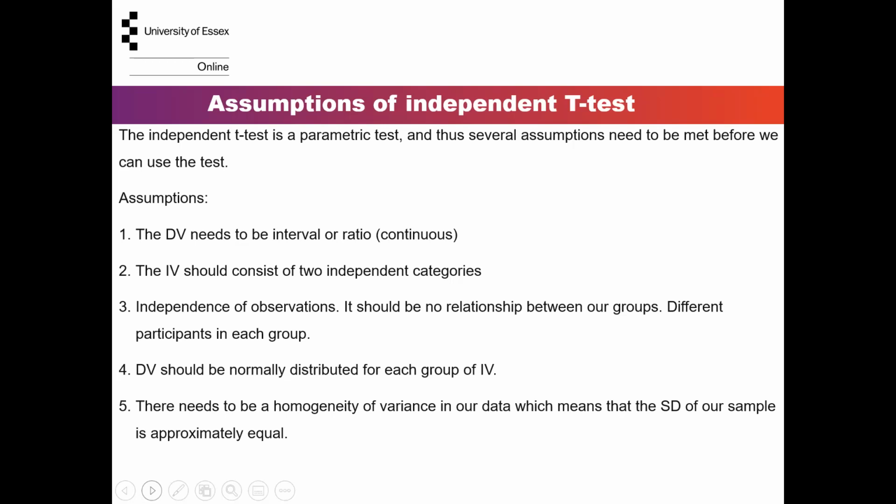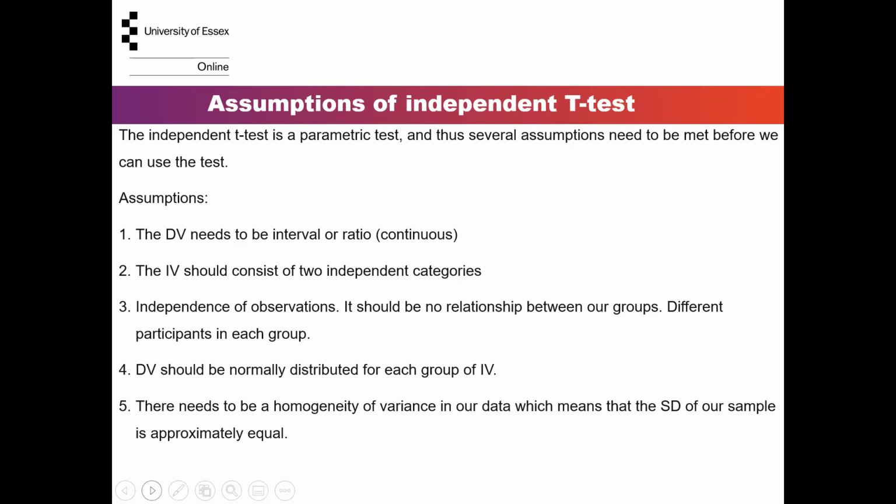So when it comes, for example, to the depression levels, we want to have a normal distribution for the scores of our group that received the drug A, and then a normal distribution for the scores of depression levels for our group that received the drug B.